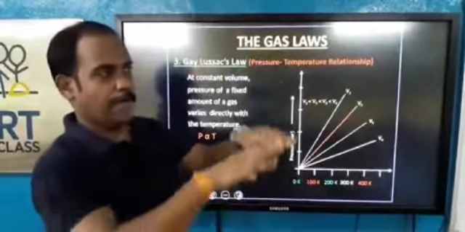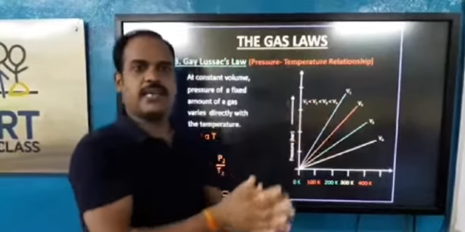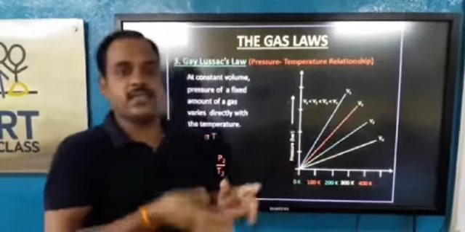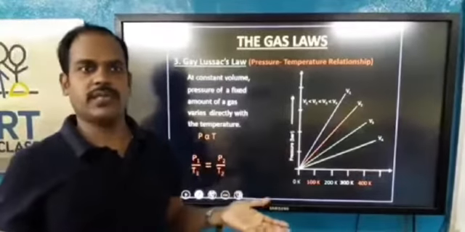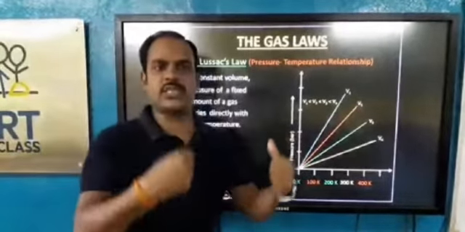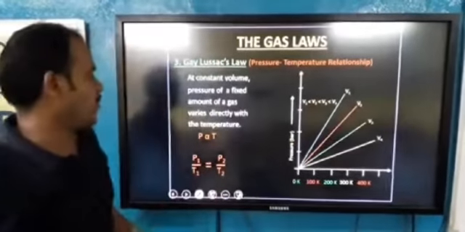Why? Because as you increase temperature, the kinetic energy of the molecules increases. So molecules will start running here and there with high speed. Since the volume is constant, the pressure will be high, because they will collide with the container with more force.